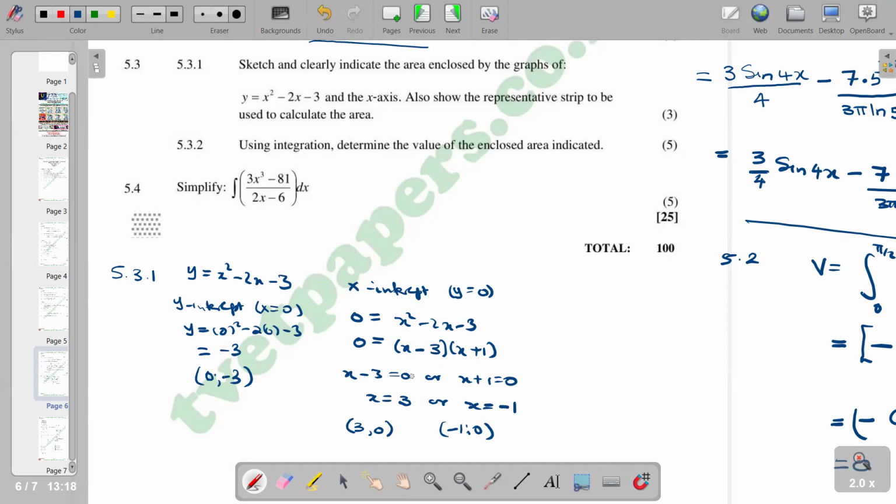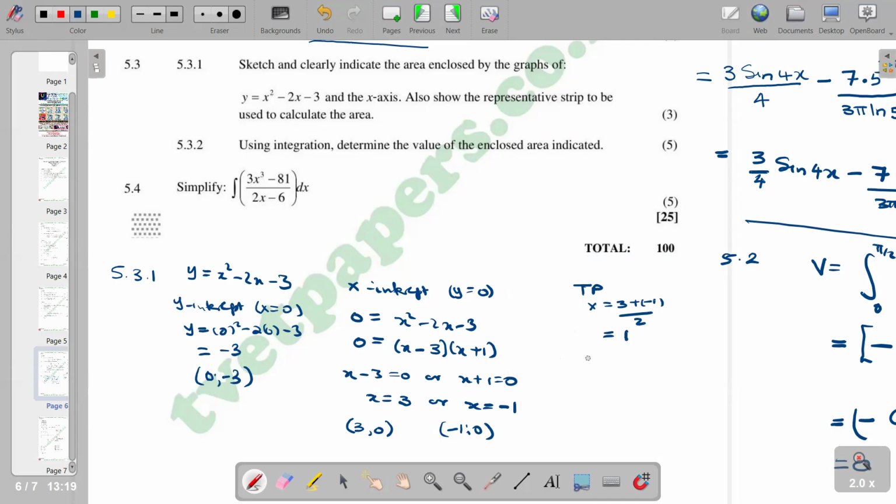With this information, we can sketch our graph, since we mainly want to show the region whose area we want. But to sketch the graph, we might also need the turning point. To get the x value at the turning point, we find the average of the two intercepts, which is 3 plus negative 1 all over 2, which is equal to 1.